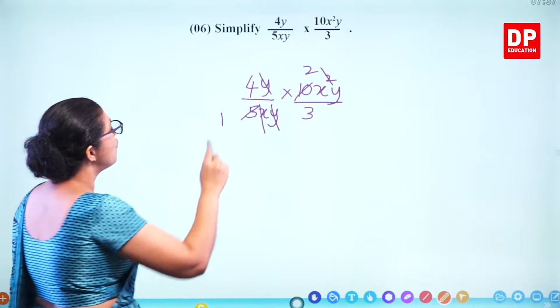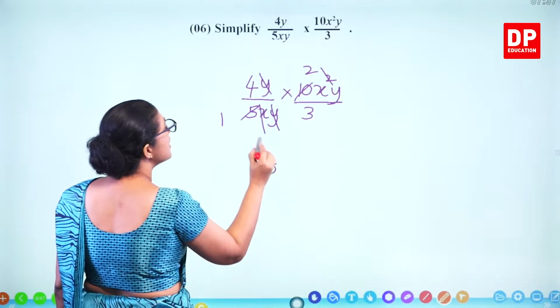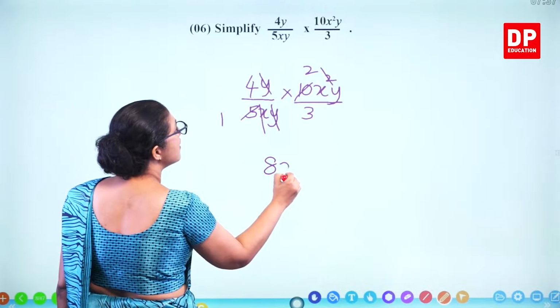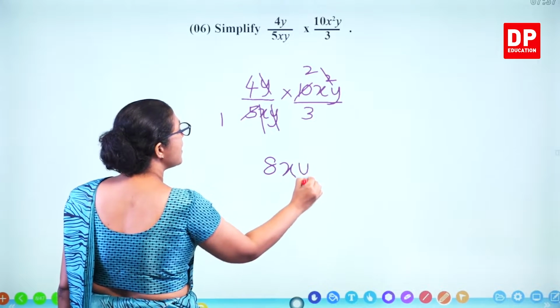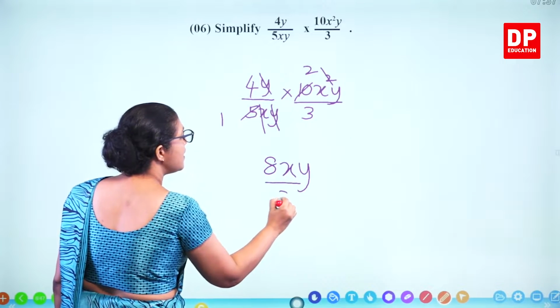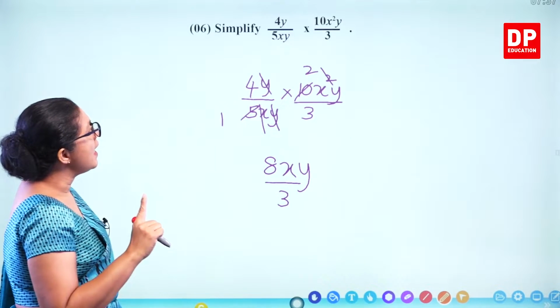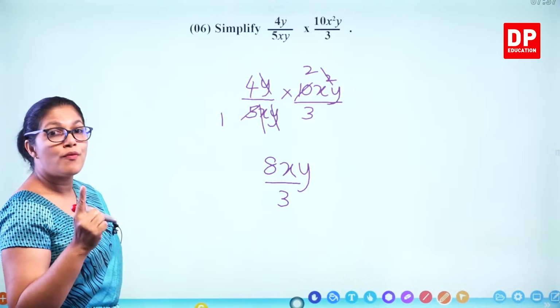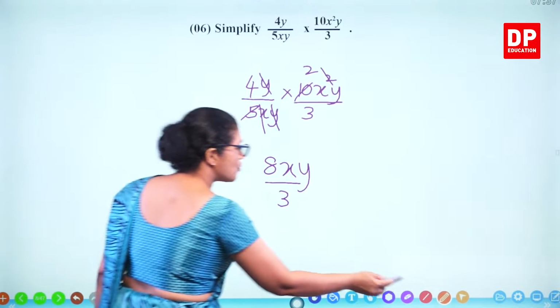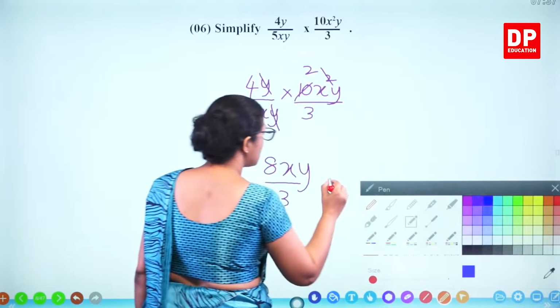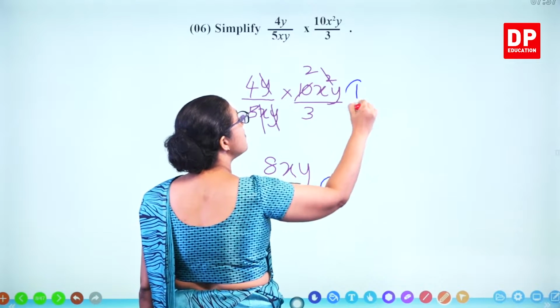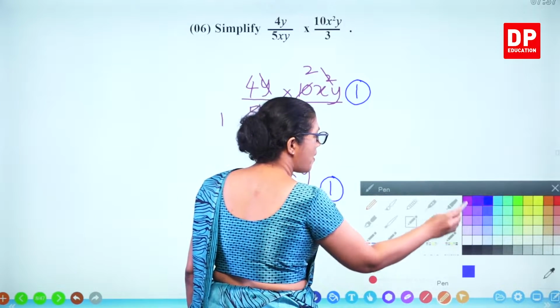You get 4 times 2, 8, and then x is there. And 1y and 3 in the denominator. So 8xy over 3. You get 1 mark for this one and 1 mark for the simplification.